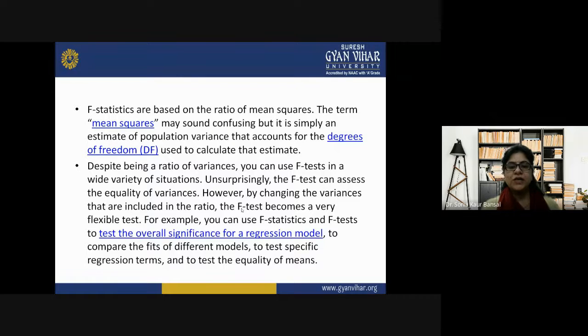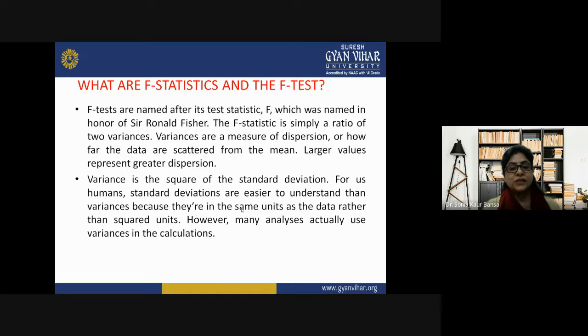There can be many situations when you are investigating a project or doing research. And unsurprisingly, the F-test can assess the equality of variance. I again repeat, what is the variance? Variance is the square of the standard deviation, as I explained in my last slide.